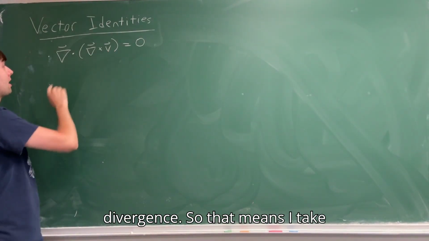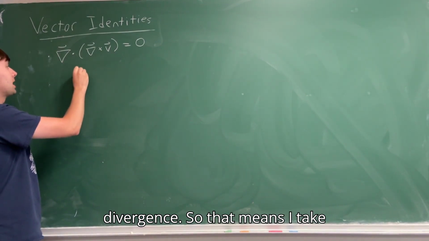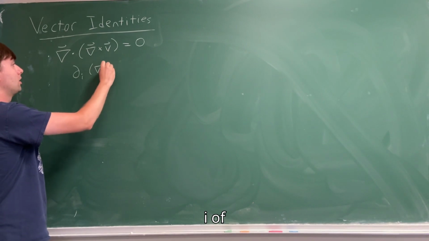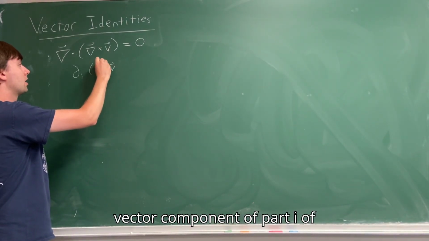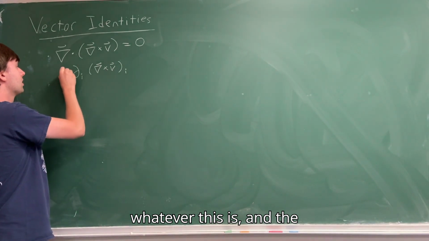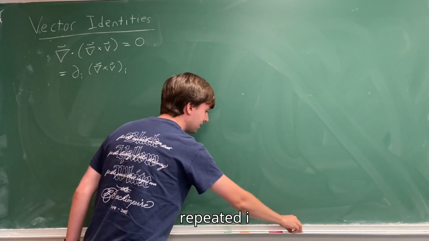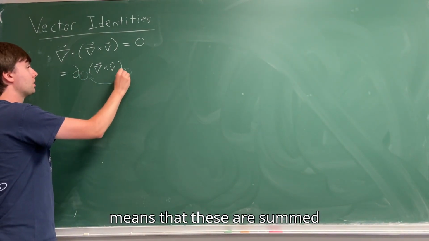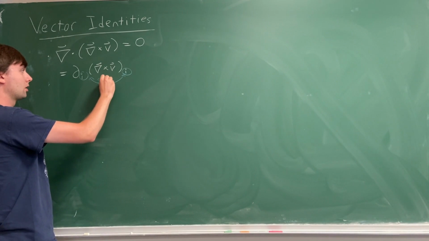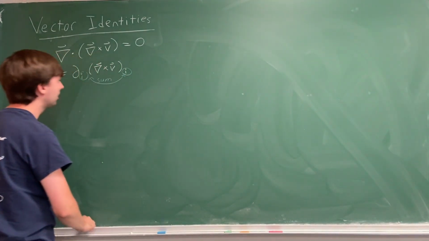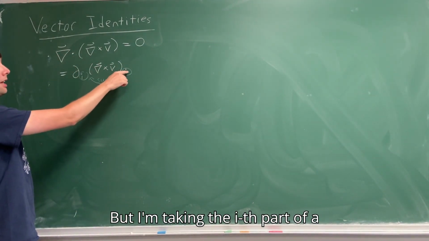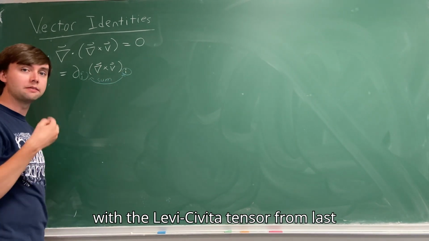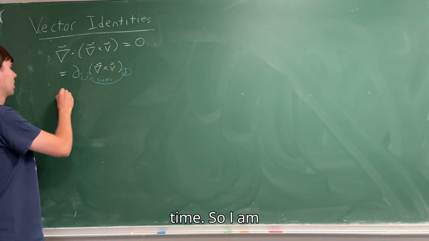I have a divergence, so that means I take partial derivative of part i of vector component of part i of whatever this is, and the repeated i means that these are summed together. But I'm taking the ith part of a curl, so I'm going to write that out with the Levi-Civita tensor from last time.